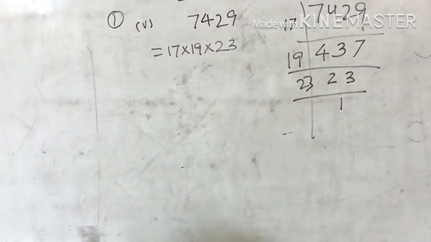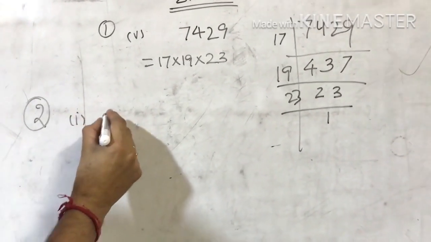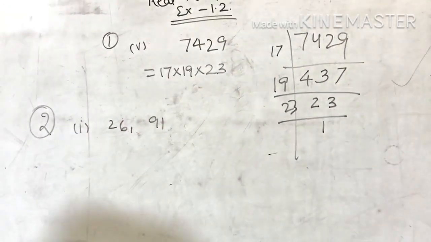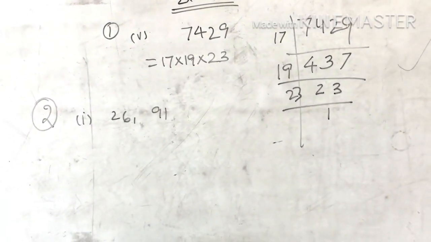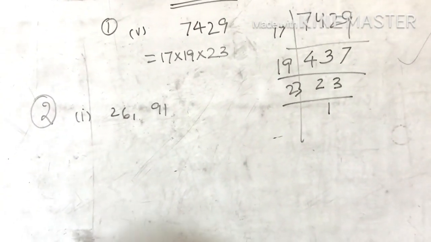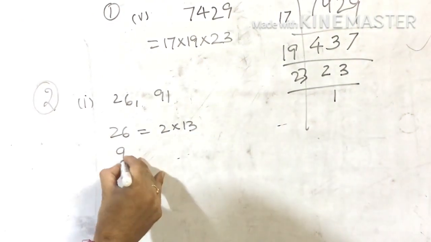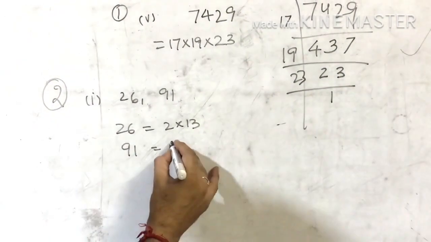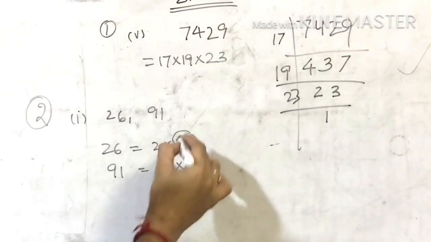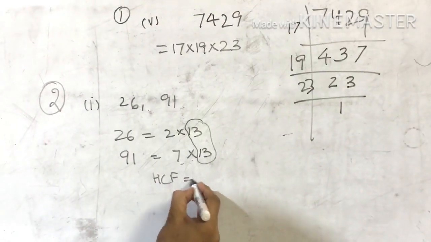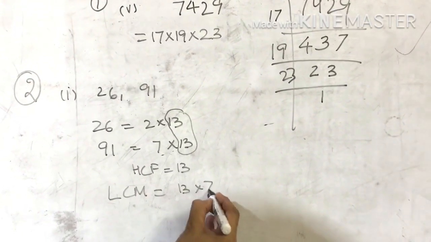In question number 2, the first part is there are two numbers 26 and 91. You have to tell what is the HCF, what is the LCM, and also you have to verify the relationship, that is LCM into HCF is equal to the product of two numbers. So what are the factors of 26? What are the factors of 91? You can see this number is common in both, so HCF will be 13. As far as LCM is concerned, it is 13 into 7 into 2.